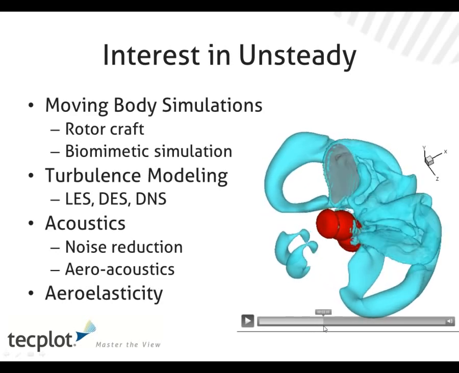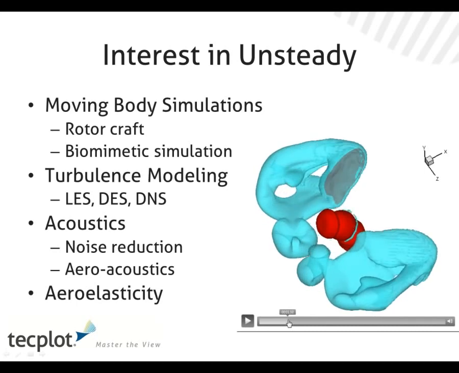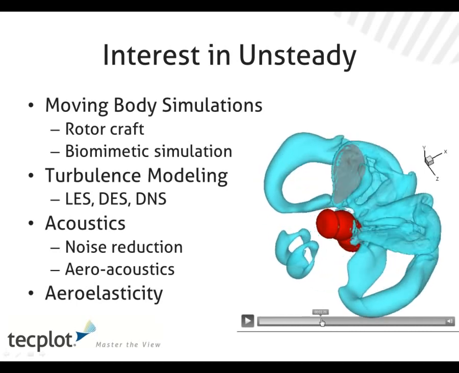On moving body simulations, obviously a very common one is rotorcraft, helicopters, and at times the performance of these vehicles. There's obviously a lot going on fluid dynamically on this fruit fly to our right.